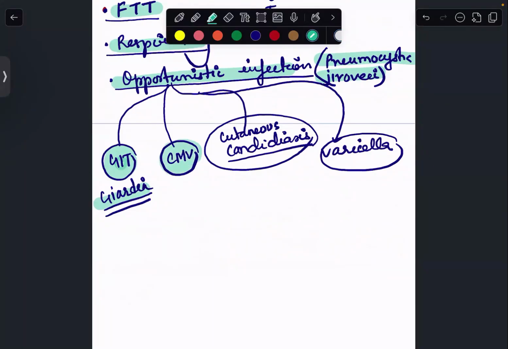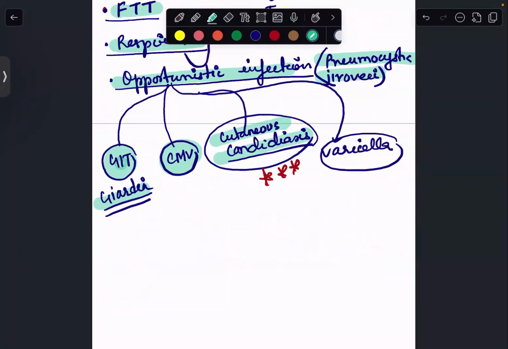CMV is not very common in normal children unless they are neonates, where it is a TORCH infection. Otherwise CMV is usually not common. But these children will have very high susceptibility to CMV.